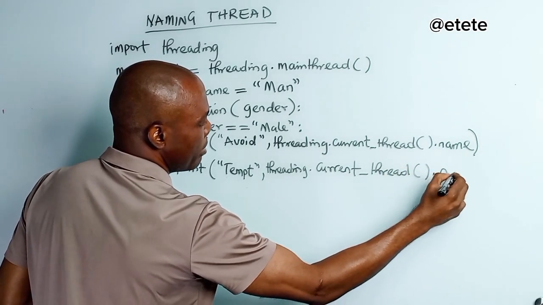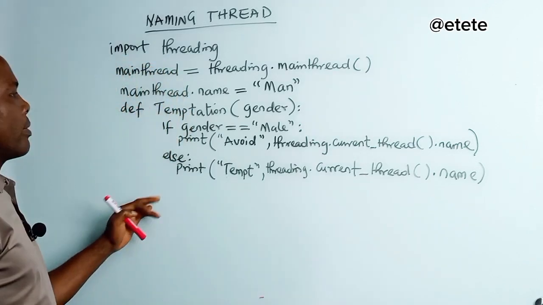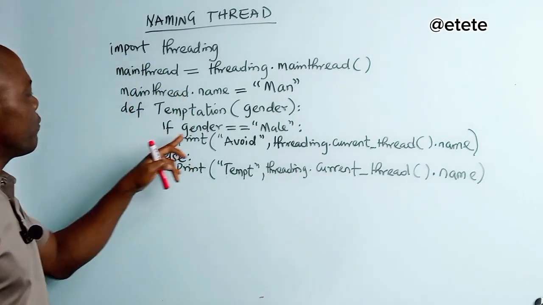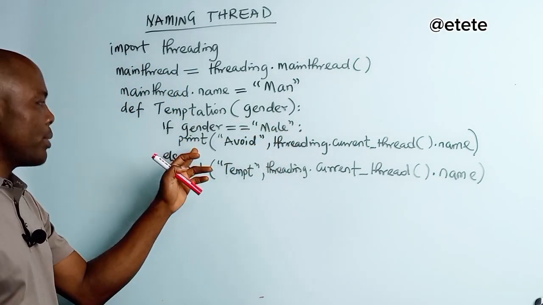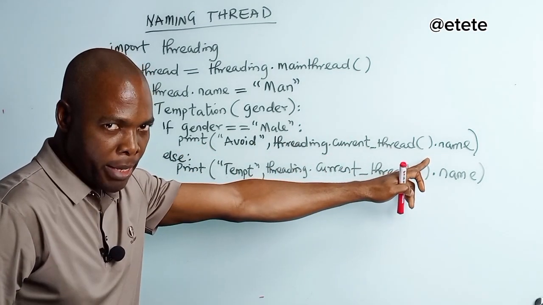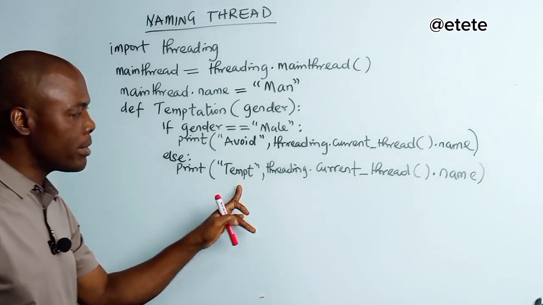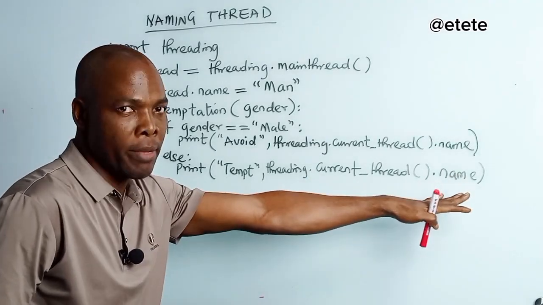Method dot name. Okay. So if gender equals male, go in and print the name that will be supplied to that gender. Else print temp, threading.current_thread().name.